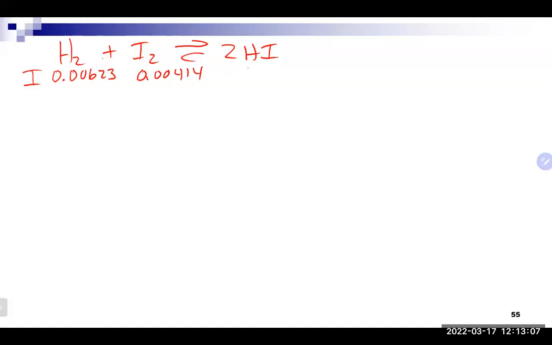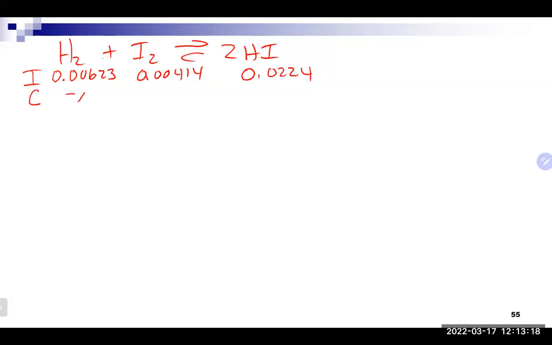So we've got an H2 and an I2 and a 2HI. Initially here 0.00623, 0.00414, and not to be forgotten over here, 0.0224. So we do have an initial of that. Change is going to look very much like the previous one.